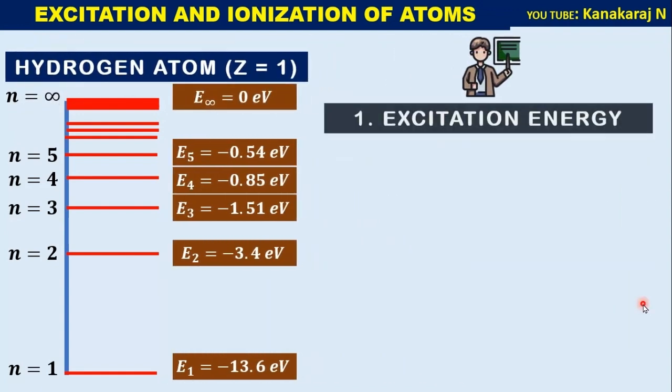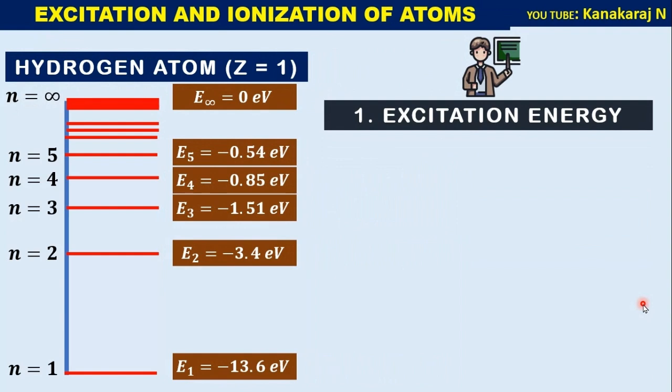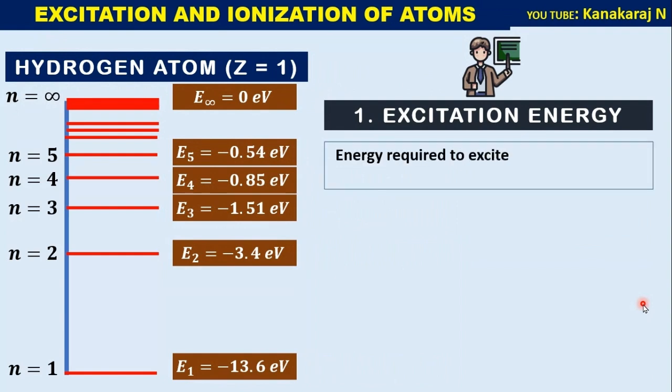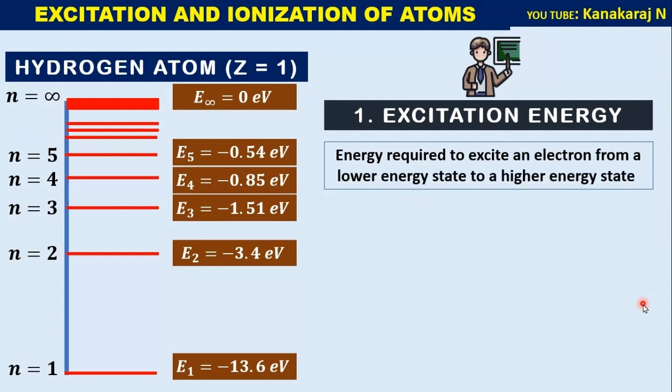Let us talk about excitation energy. Energy required to excite an electron from a lower energy state to a higher energy state is called excitation energy.